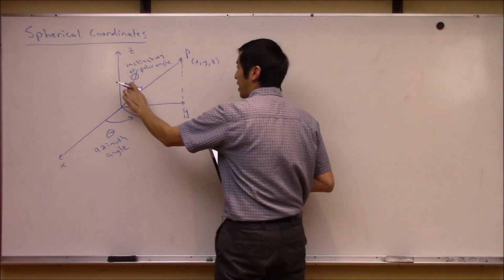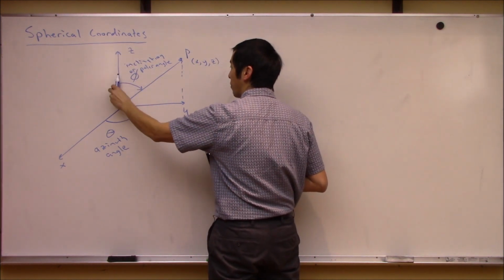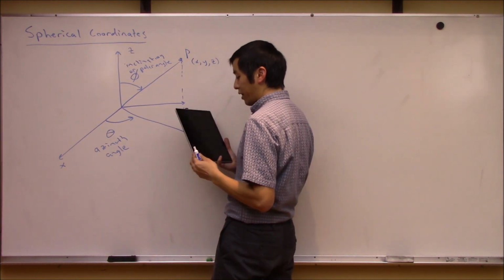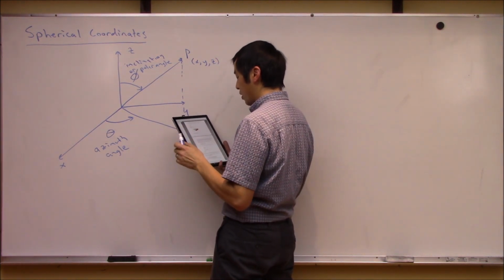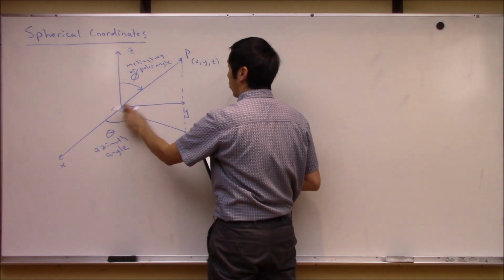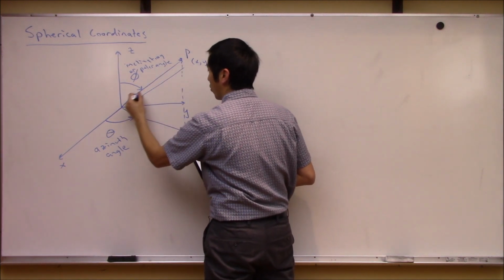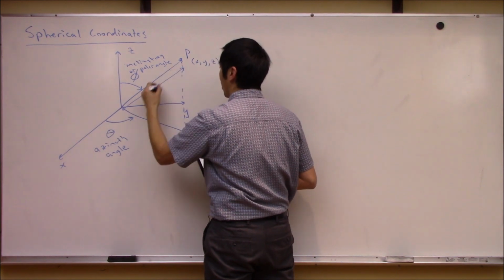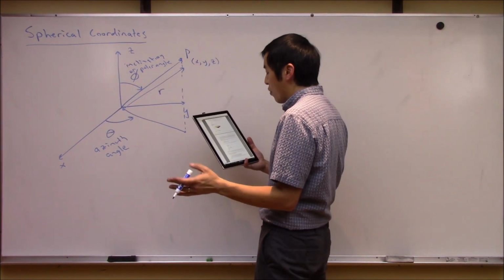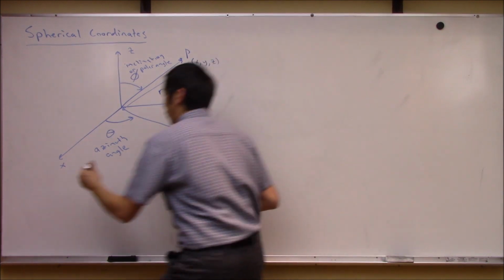Keep in mind that this angle is from the z-axis to the line that joins the point P. Finally, the distance from the origin to the point P, this Euclidean distance, is the radius r, okay?